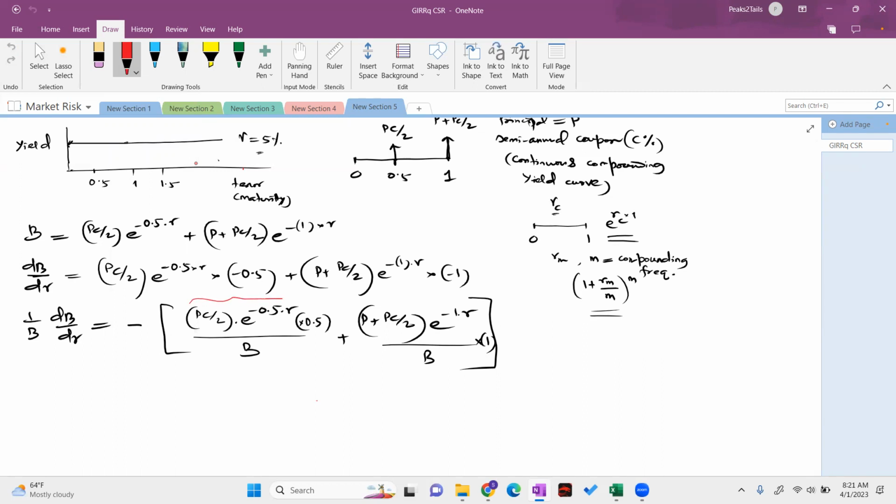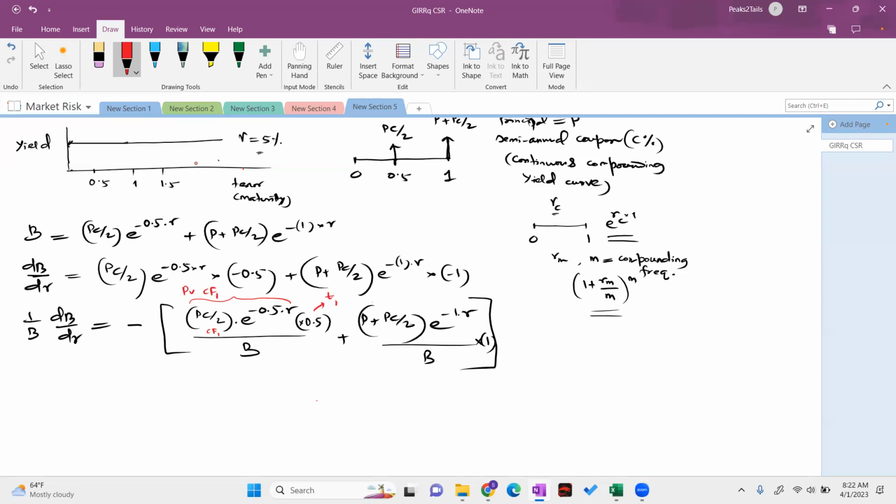This part is the PV of the first cash flow, right? This is the CF, and the e to the power minus 0.5R is the PV of CF1, correct? This is the time of the first cash flow.